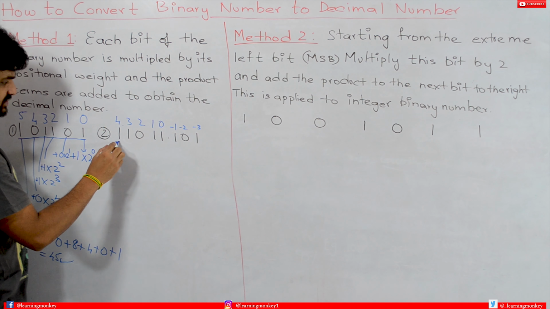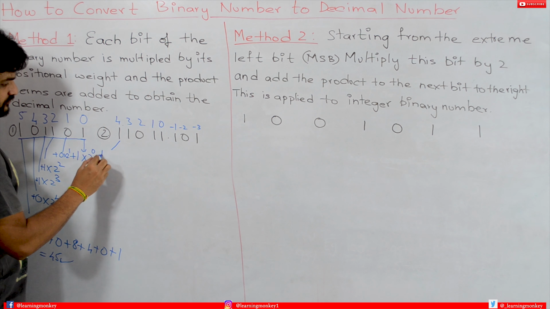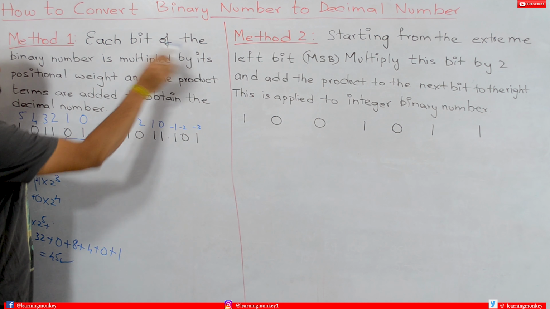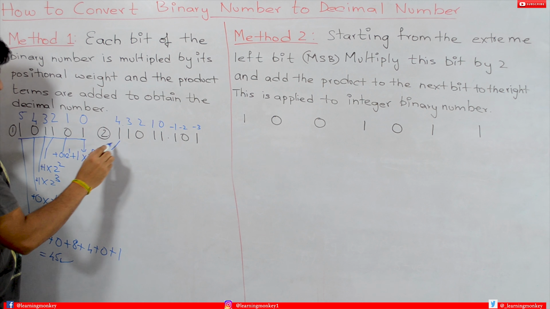So what is the positional weight? Each bit of the binary number is multiplied by its positional weight.